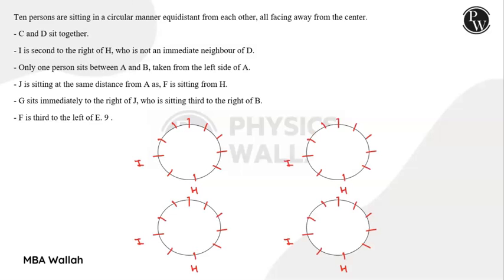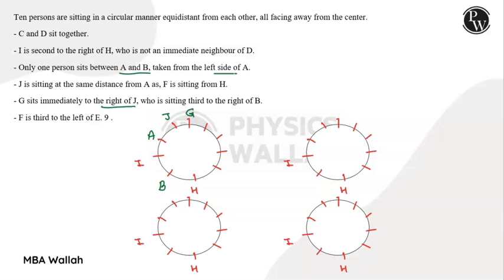In the first case, if we place B here and we are given that there is only one person between A and B, taken from the left hand side of A, then A will be sitting at this place. And now we are given G is the immediate neighbor of J, who is third to the right of B. Third to the right of B means J is the immediate neighbor of A, and automatically G will be sitting here.